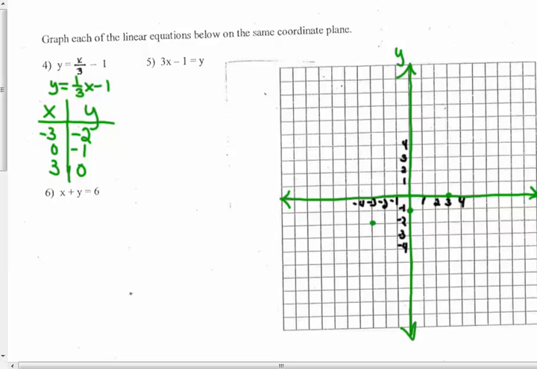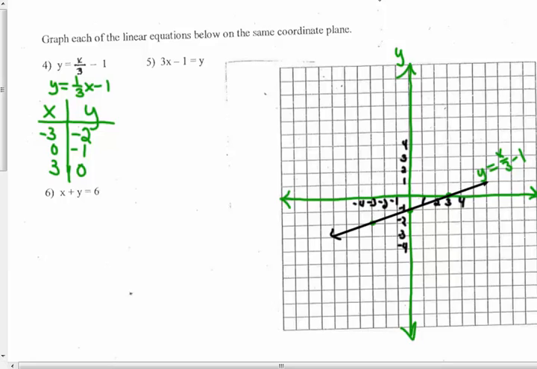And I'm going to use my ruler tool, and I'm going to connect carefully my 3 points and extend my line through the graph paper that I have here. And that equation is y equals x/3 minus 1.